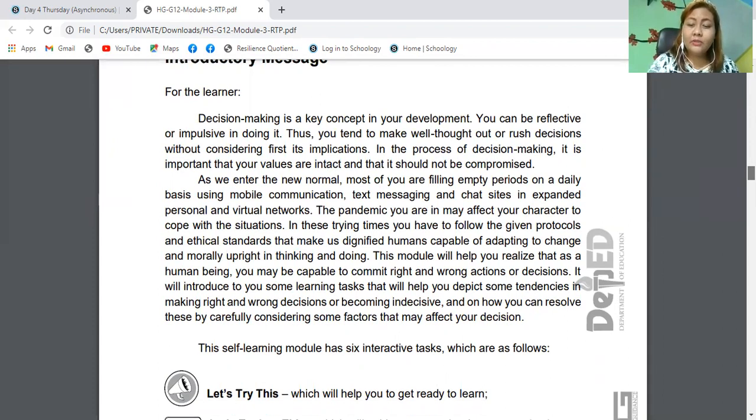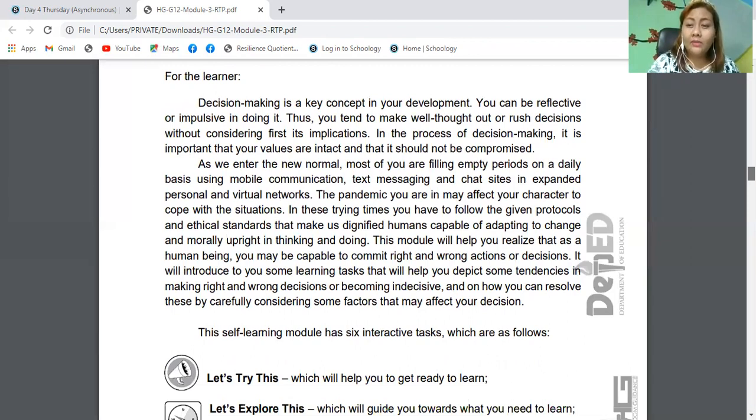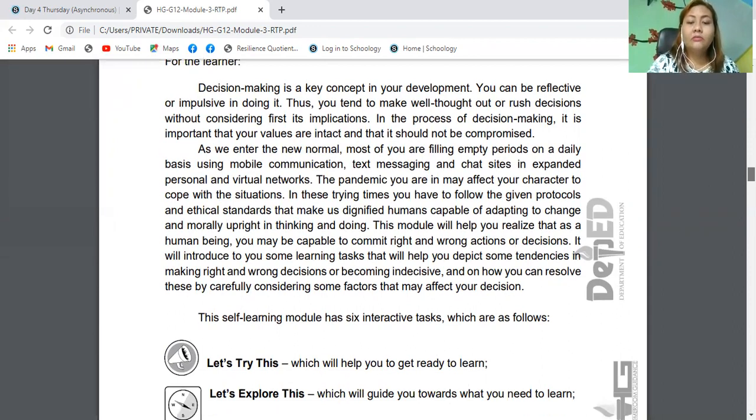So this module will help you realize that as a human being, you are capable to commit right and wrong actions or decisions. All right. But of course, it will introduce you to some learning tasks that you need to know if you have some tendencies on making right or wrong decisions, or maybe you don't know yourself yet.